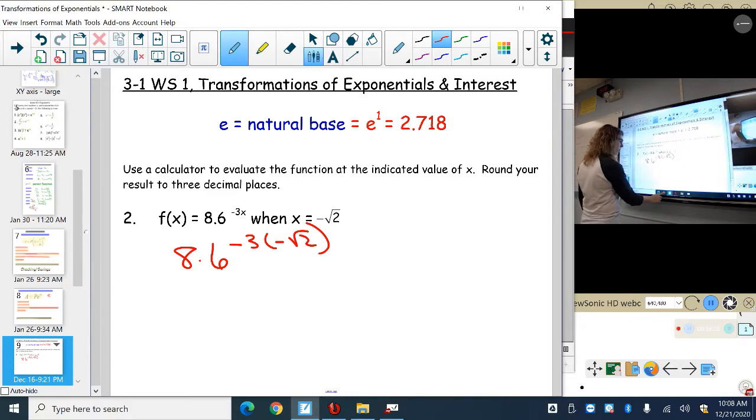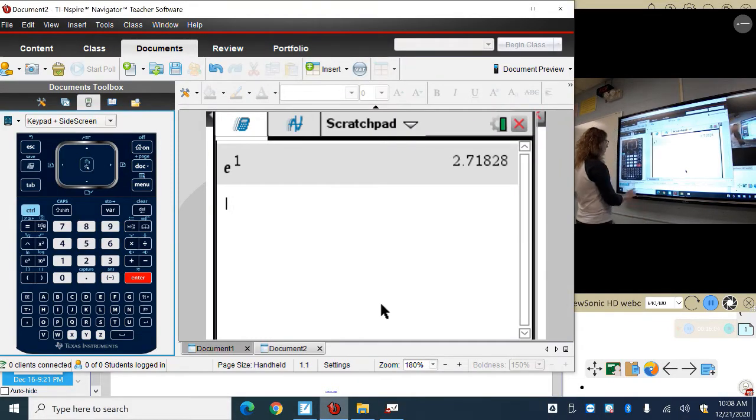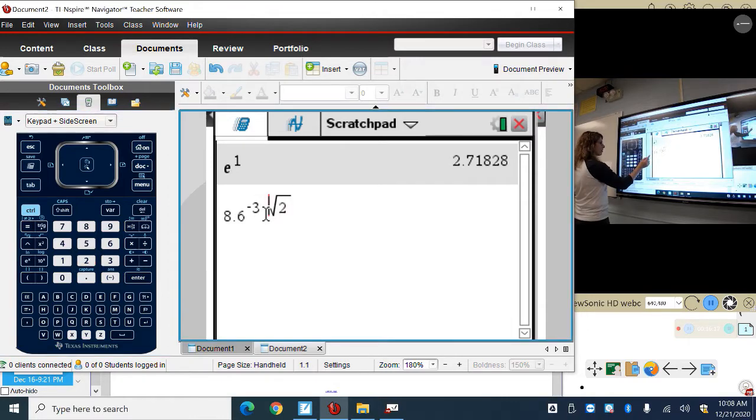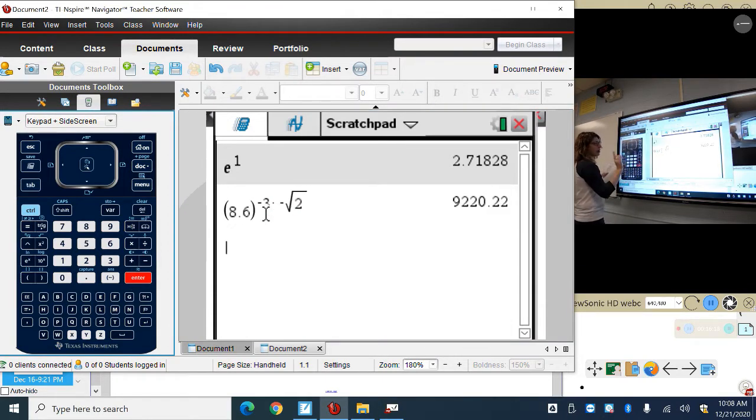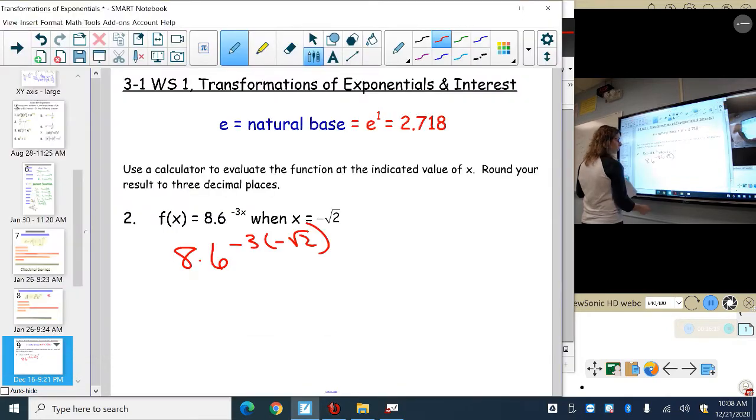So I'm going to come over here to my calculator, and I'm going to type that in, 8.6 raised to the negative 3 times the square root of 2, but there's a negative here, and hit enter. And it gives you 9,220.22. That is your answer, 9,220.22.